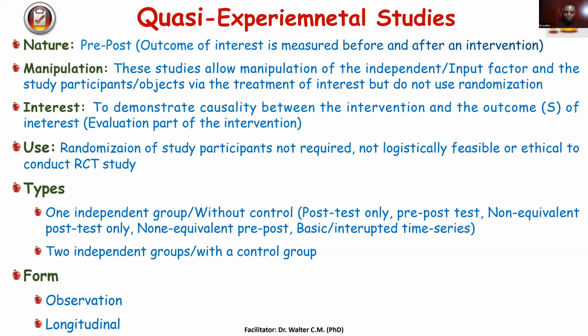So if you are doing an educational intervention, you train them and you assess immediately, because maybe the variable is knowledge. You assess them immediately after the intervention, be it one week or within a week after, and then the intervention is finished.